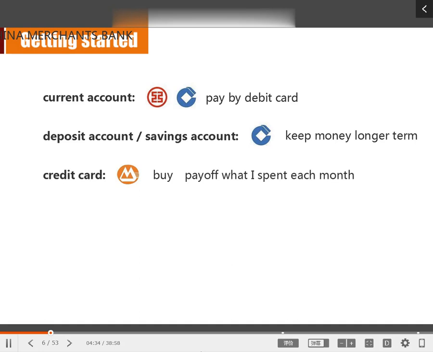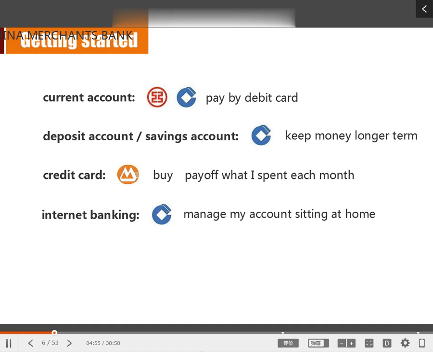Since I pay off what I spend each month, I don't really have to pay any interest. And lastly, the China Construction Bank that I have accounts with also provides internet banking, 网上银行. I can use it to manage my account sitting at home. Okay, that's all for me.